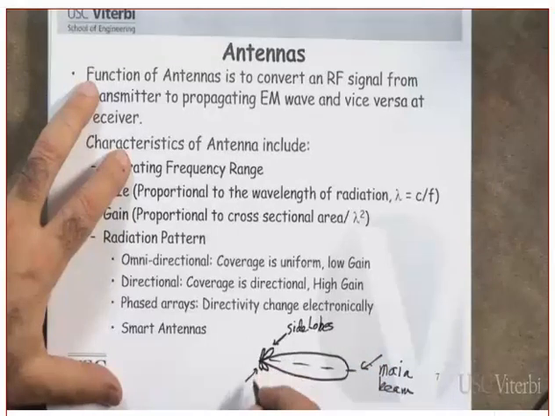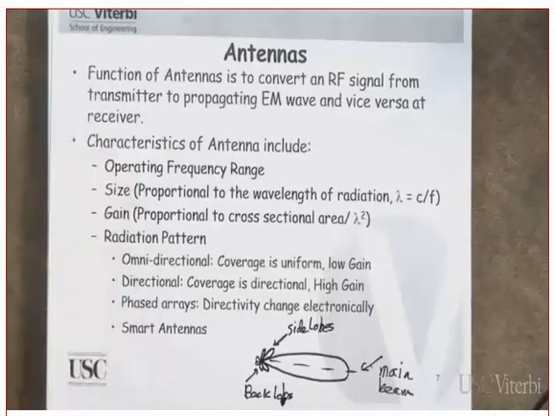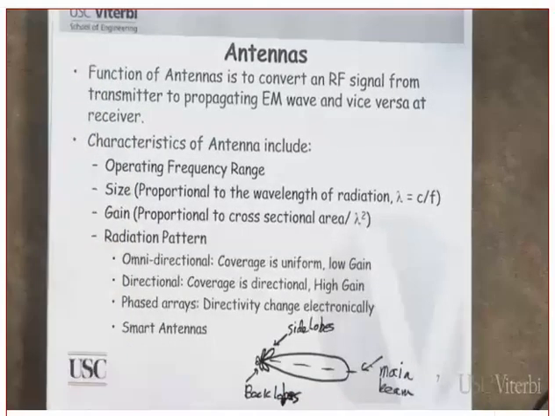And these are the back lobes. Clear? Omnidirectional: when you hear the word omnidirectional, it means in all directions. The gain is constant, 1, in all directions.